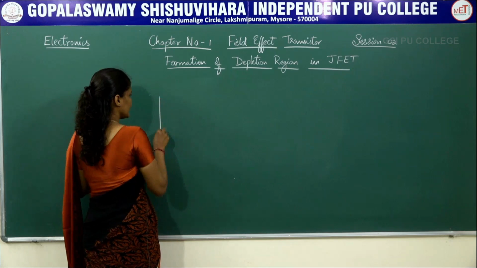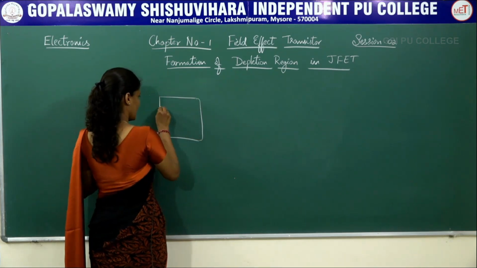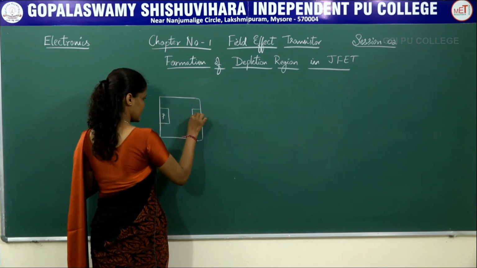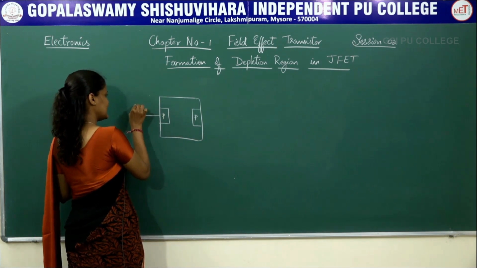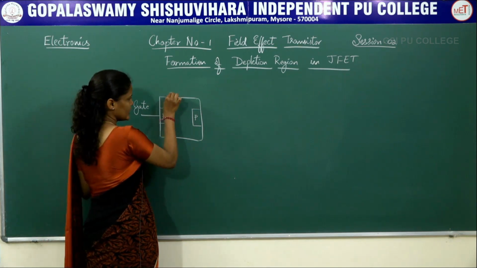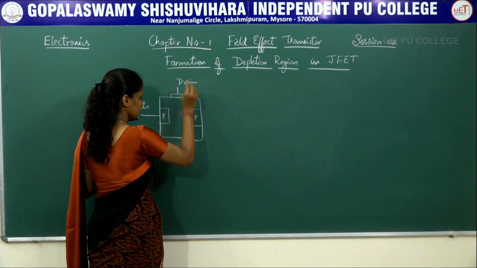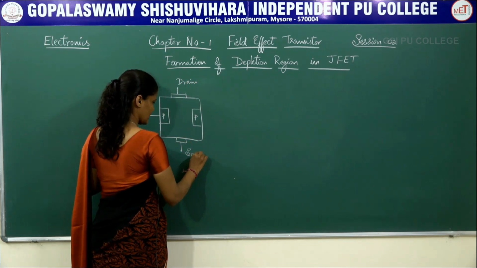Here let me consider an N-channel JFET. Here I will have two P-type semiconductors, which are connected internally to form a terminal called the gate, and there will be two ohmic contacts. This will be called the drain and this will be called the source.